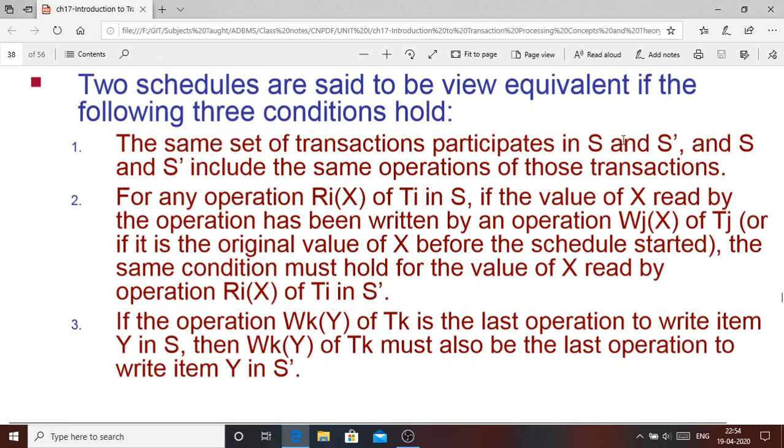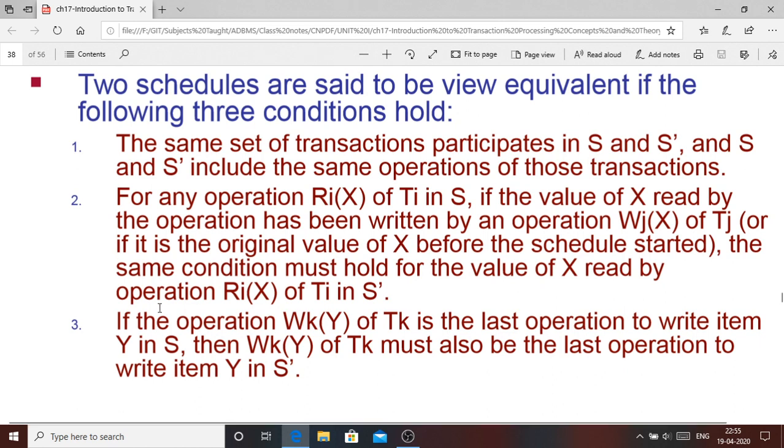So you see the two schedules here, S and S dash. If this condition holds true, that is, any transaction Ti which is reading an item which has been written by some other transaction Tj in a schedule S, then the same condition must hold for the schedule S dash. There also the transaction Ti must perform the read operation of the same data item which has been written by the transaction Tj. So this condition must hold true for both the schedules at the same time.